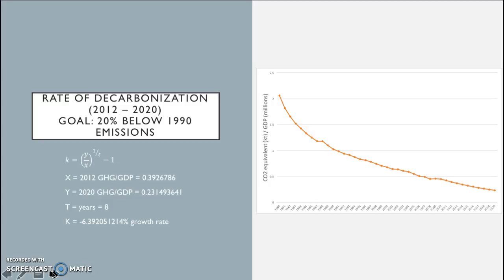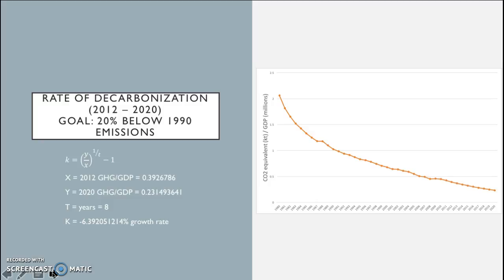So I used this growth rate equation here and took the 2012 greenhouse gas over GDP ratio, divided the 2020 ratio by the 2012 ratio, and put it up to the power of 1 over the time, which was 8 years in between those, and came up with a -6.4 growth rate during that period.